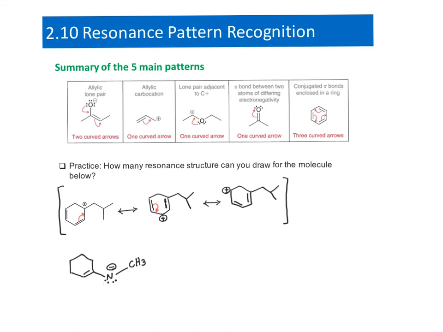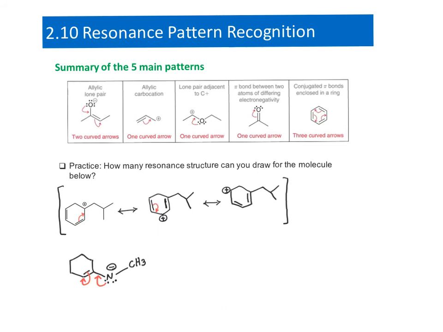And to draw the resonance structure, we know that we need to use 2 arrows. The first one starts from the lone pair to make a pi bond. And the next one starts from the pi bond to make a lone pair. So always draw the tail on a pi bond.